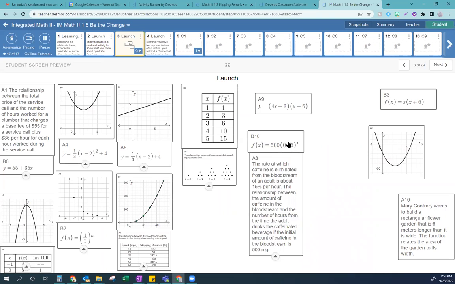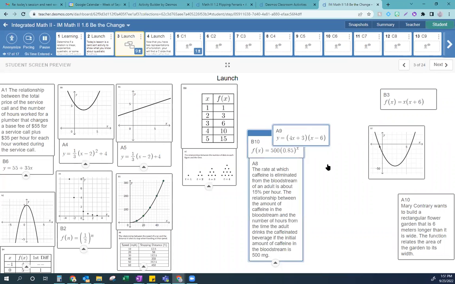And so the reason why this is 85% is they asked you for the amount of caffeine in the bloodstream, where this 15% is talking about how much is leaving the bloodstream. So 15% is leaving the bloodstream, that means 85% is left. So this is actually how we write 85% in math. So that's why that's there. Very good.